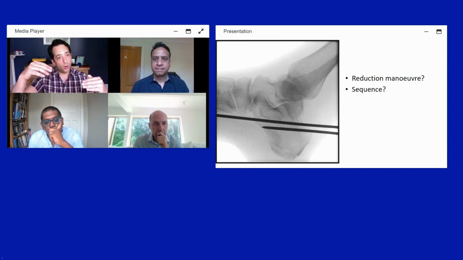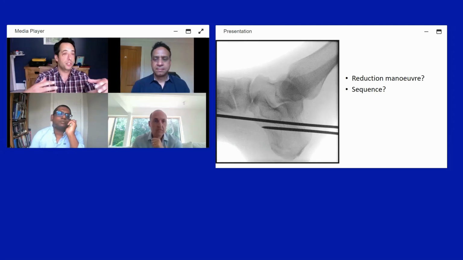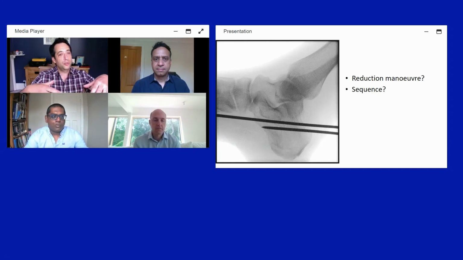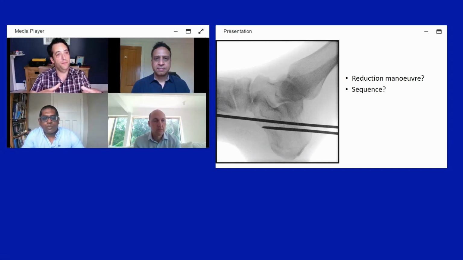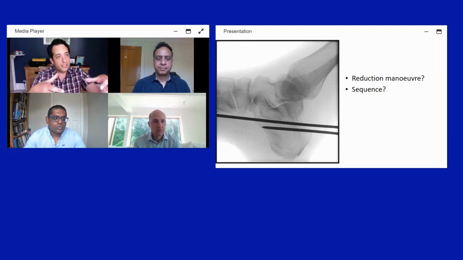The first wires I do, what I tend to do is I do them in the lateral position. I spend some time just stretching everything. So I hyperplantarflex the forefoot and the hind foot, almost like a Gizane maneuver.